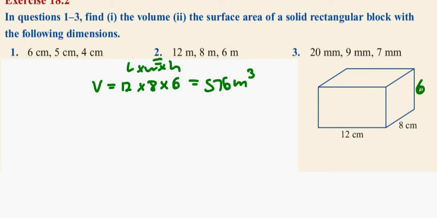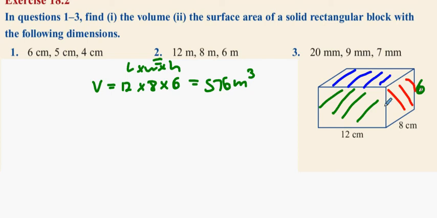Now, what generally happens is, for every side you see here, you see the red one, and you see the green one, and you see the blue one. There's another face of the exact same size on the bottom. So there's a blue one on top, there's a blue one on the bottom. There's a green one at the front, there's a green one at the back, and there's a red one on the right and a red one on the left.